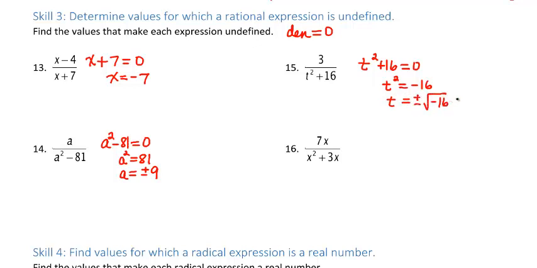Well, that's plus or minus 4i. And so since the only solutions of this equation are imaginary, that means there are no real number restrictions. So this one has no restrictions. In other words, it's defined for all real numbers.